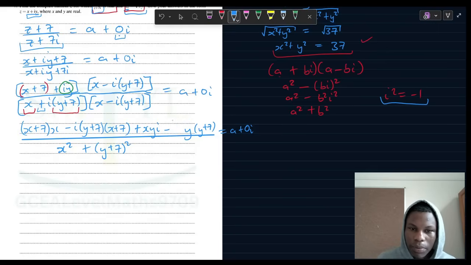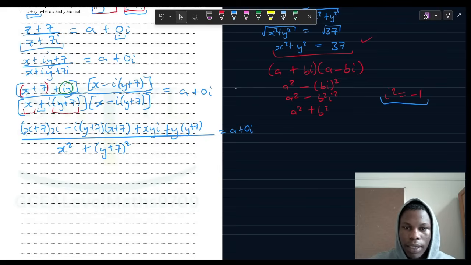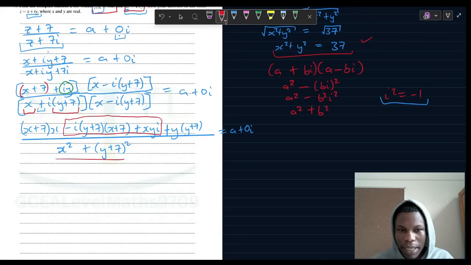So I just end up with a plus, and this becomes real, plus y times (y plus 7). And so hopefully you can see that our imaginary part is going to come from here. And of course, it's going to be divided by that.